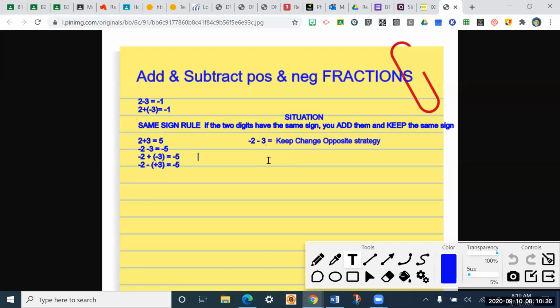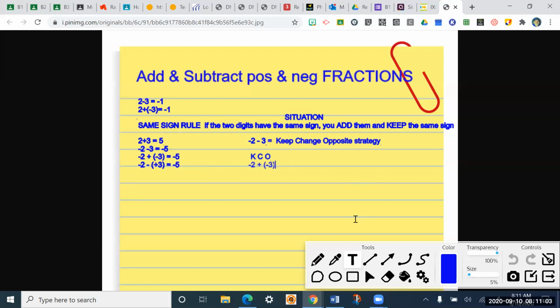Basically under the 2, I'm going to write a K, and then I got a C for change, and then I got an O for opposite. Now what happens is you keep the -2, you change the minus to a plus, and you do the opposite of the +3 you see there.